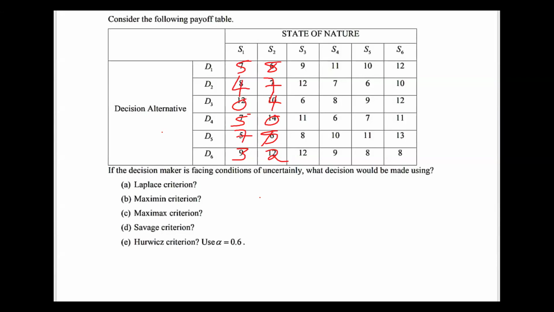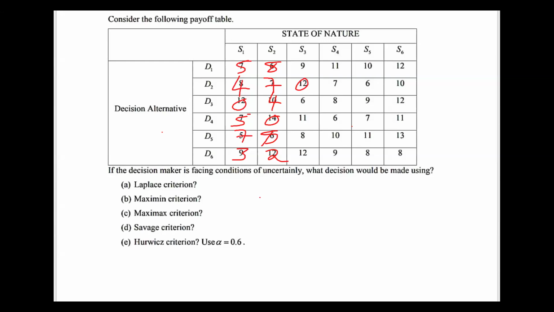The highest score from the what is? It's 8. From state of nature S3, okay. It's 12. 12 minus 12 is 0.